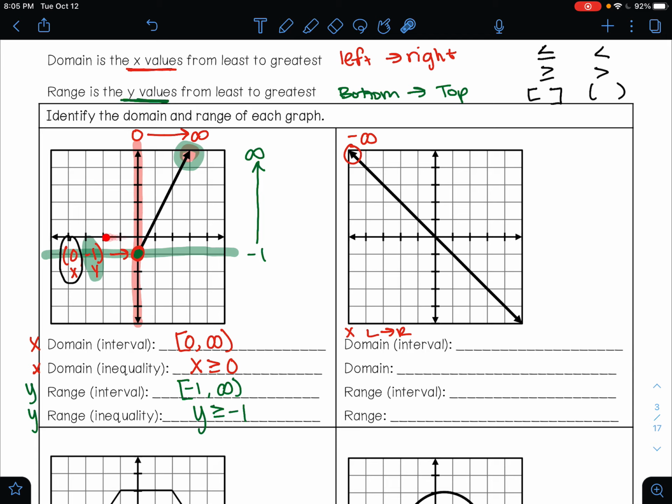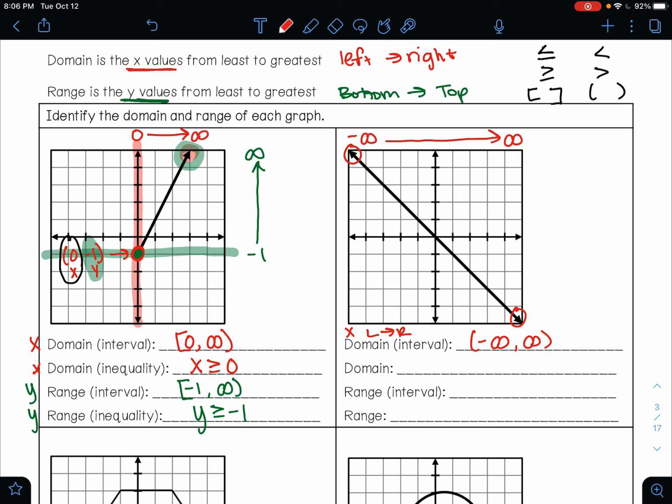My graph is going to the right forever, so that's going to positive infinity. I know that because if this graph keeps going to the right forever, my x values are going to get larger and larger, and it's going to keep going that way forever. So my domain is from negative infinity to positive infinity.